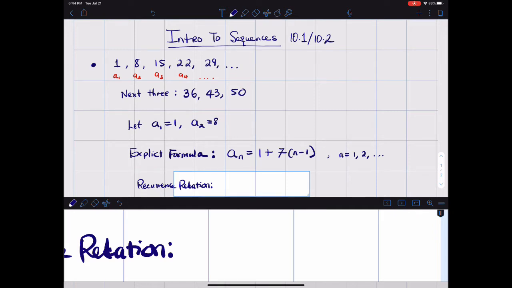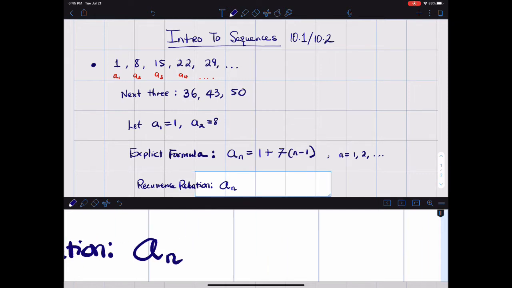So what does that mean? If we have the term An, then to get An plus 1, we just have to add 7 to our An, right?